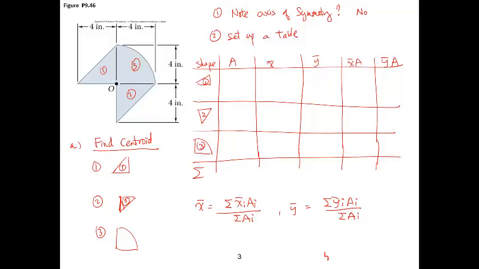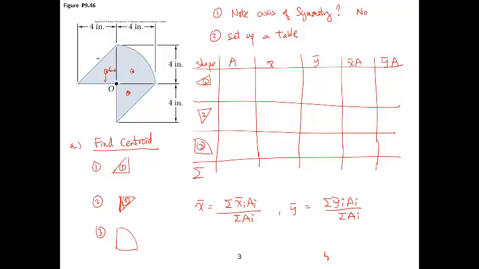Okay, so here we go. Let's figure out the area of each piece, and the centroid locations here, here, and here.